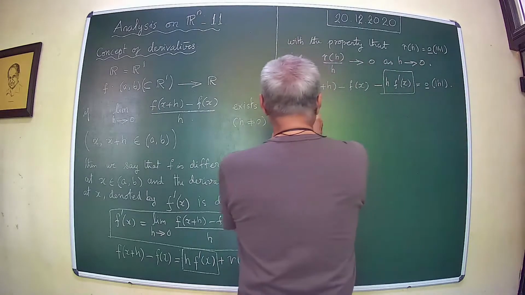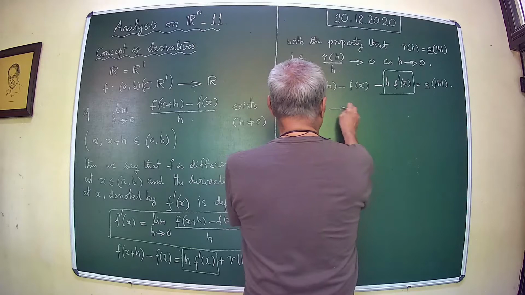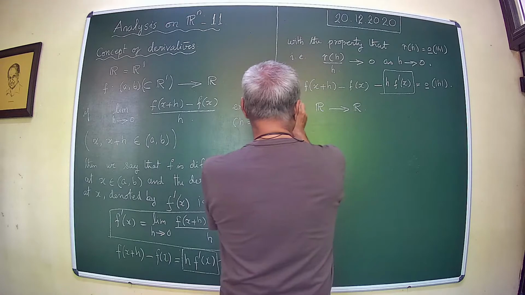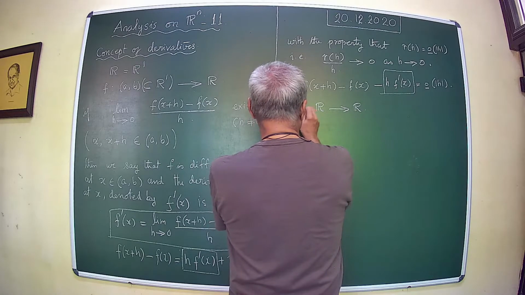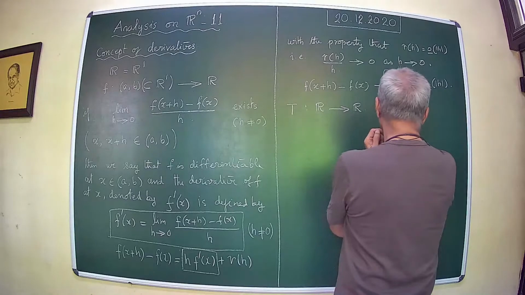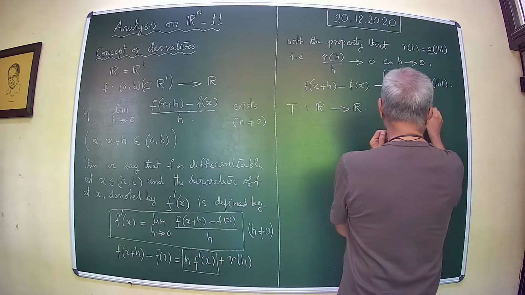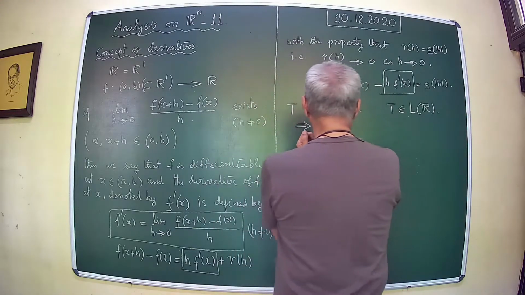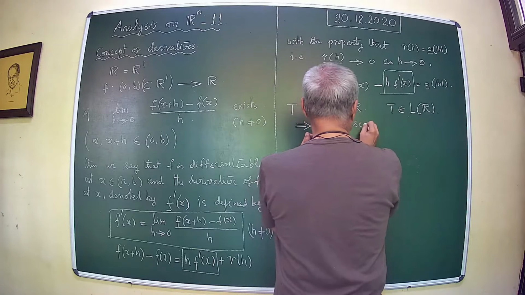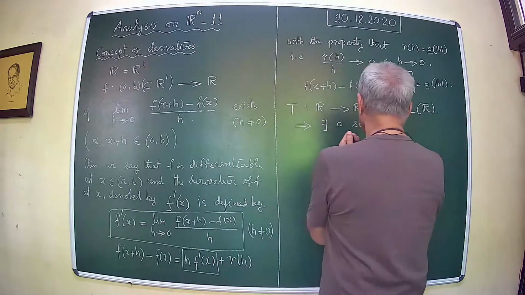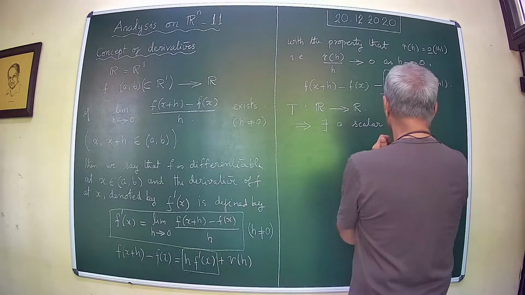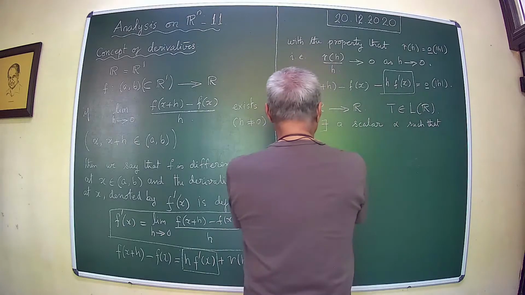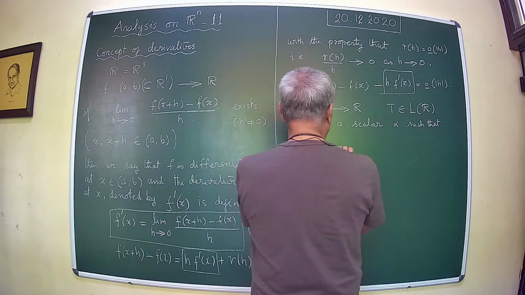So we have now from R to R. What is the nature of a linear transformation T from R to R? This means from linear algebra we know that there exists a scalar, say alpha, such that T h equal to alpha h.